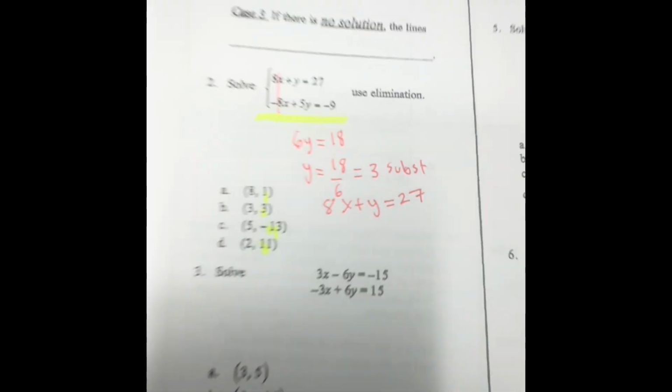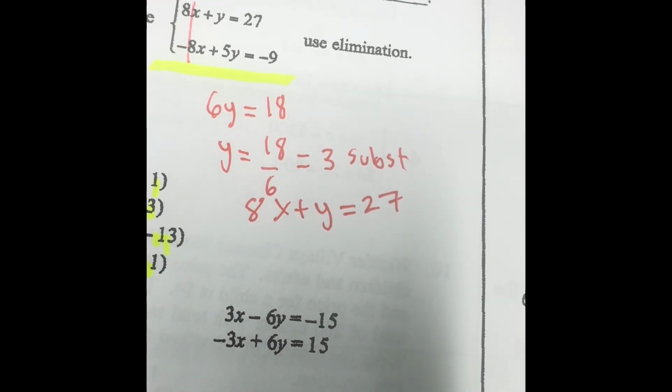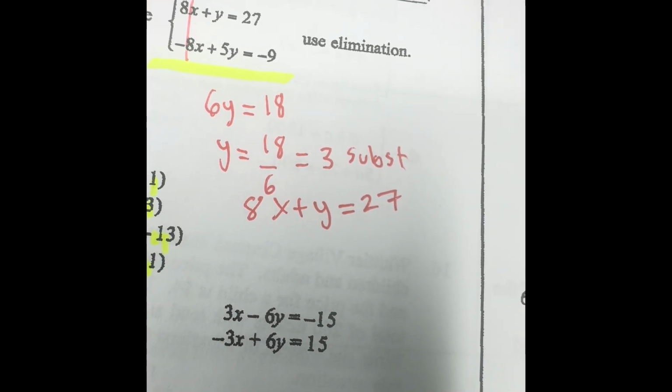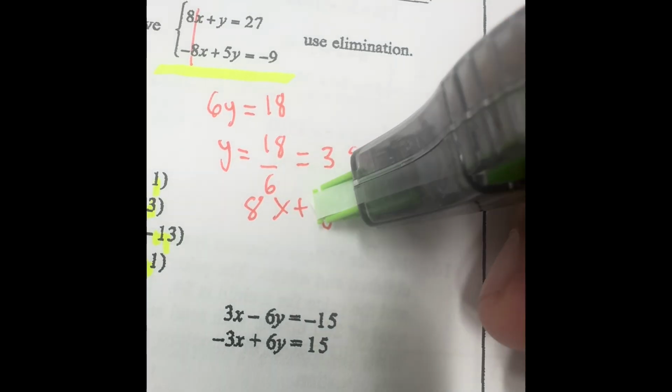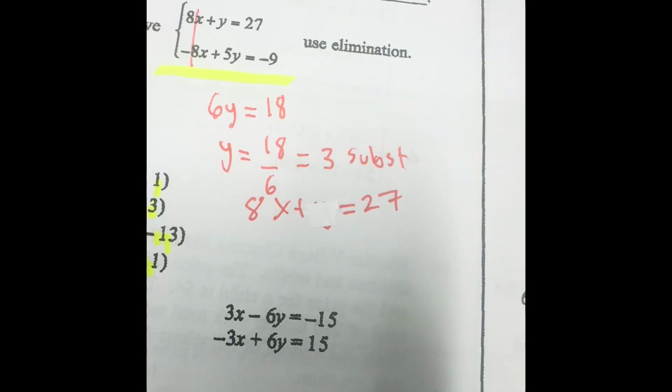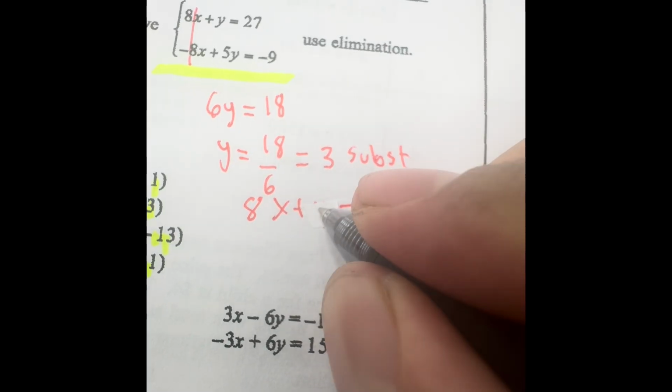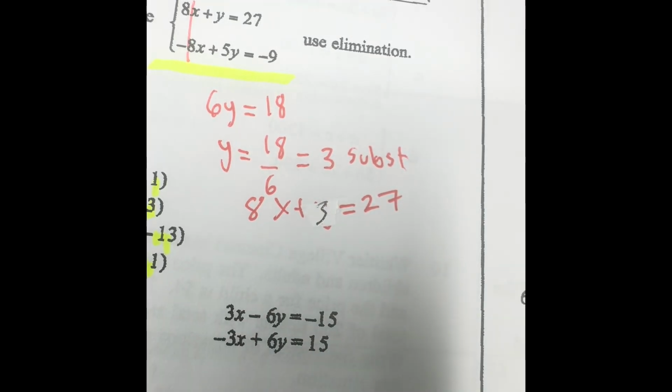Okay, we're going to substitute. We replace our y value with 3. So here we go. The y is gone, and now we use the number 3 instead. Now we're going to solve.